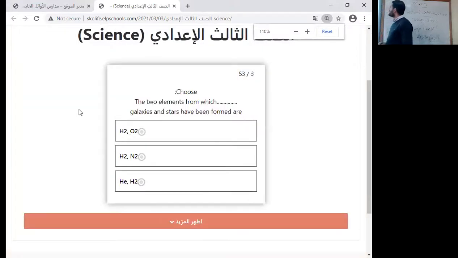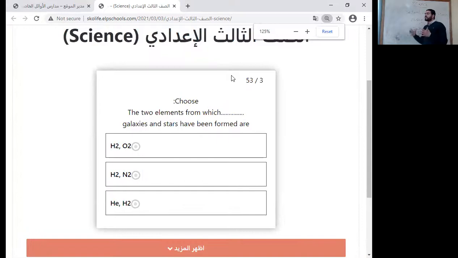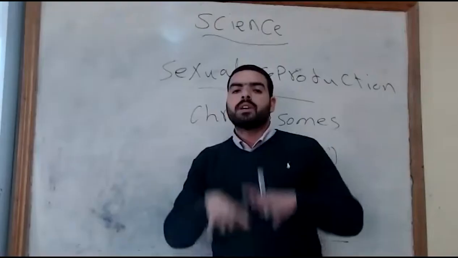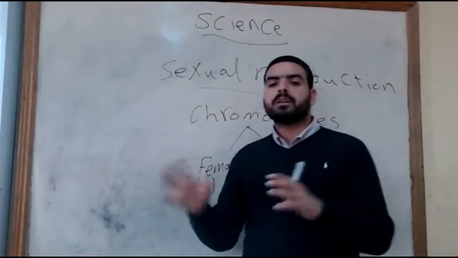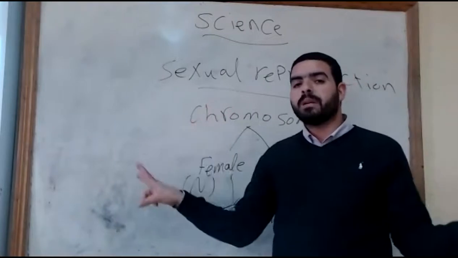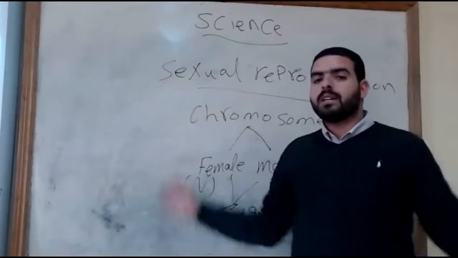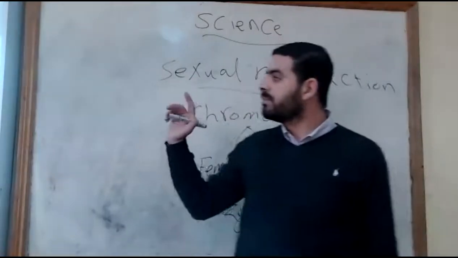The two elements from which galaxies and stars have been formed are, we know that there is a theory that explains the formation of the universe, which is the Big Bang. During the Big Bang explosion, the two elements or the two gases which formed the galaxies and the stars and the whole universe were hydrogen and helium.